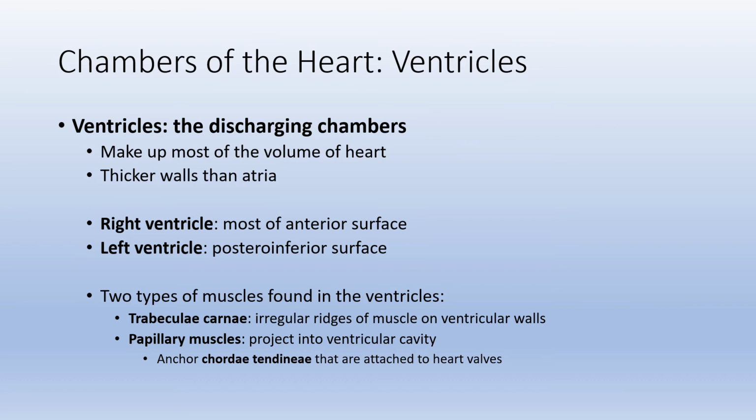Projecting into the ventricular cavity, we have more muscles known as the papillary muscles. Attached to the tops of these papillary muscles, we have tendinous cords that resemble the strings on a guitar. They are known as chordae tendineae, and they are anchoring that papillary muscle to a valve in the heart.